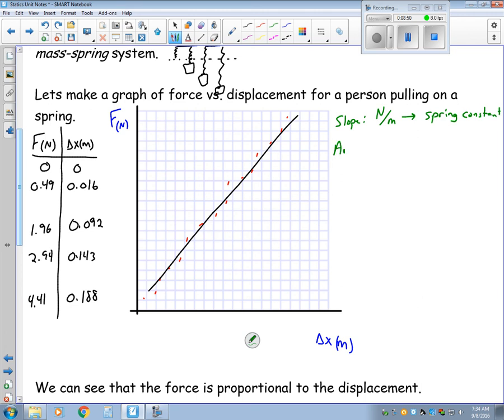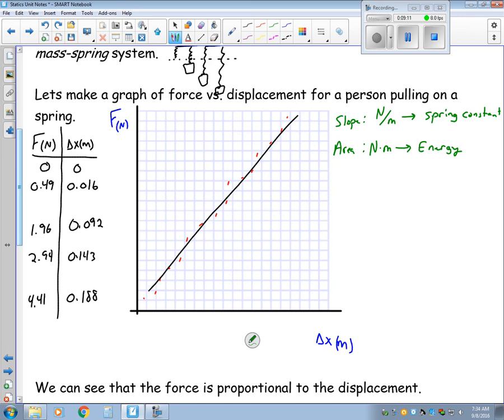The area would have units of newtons times a meter. And again, this has no meaning to you yet, but we're going to learn later in the year that that is actually a unit of energy. So the area would represent the potential energy we're storing in the spring by stretching it.